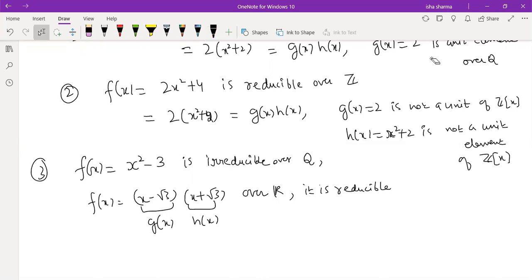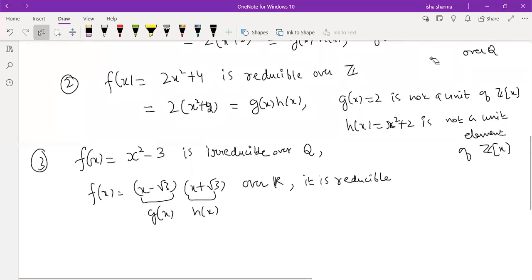For a field, what does it mean? Because we just gave the definition for an integral domain. So what will happen to the definition of irreducibility or reducibility for a field?